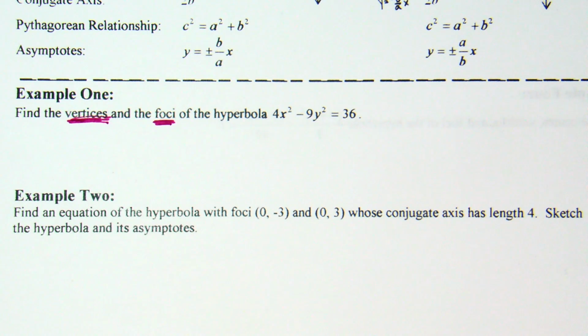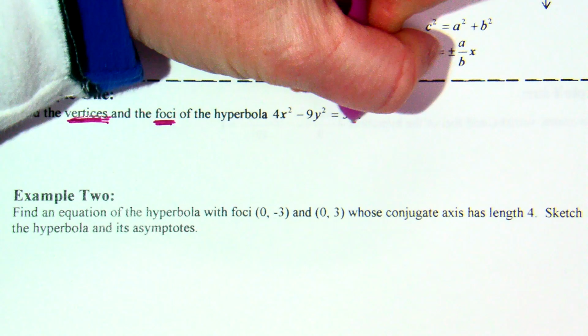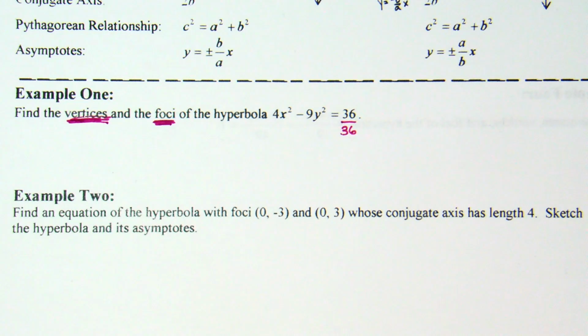Divide by 36. To get this equation in standard form, we need it to equal 1. So to get it to equal 1, we're going to divide by 36. If I divide that number on the right by 36, guess what? We're dividing everybody by 36.